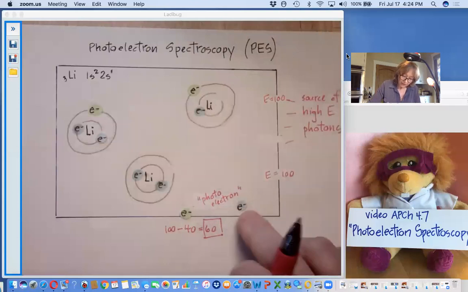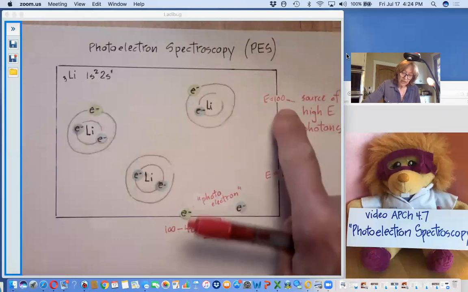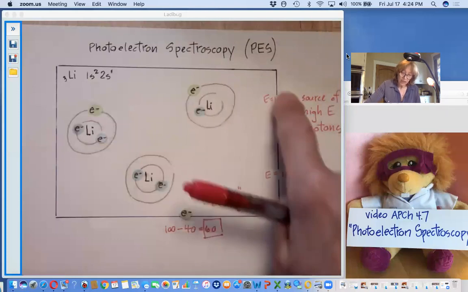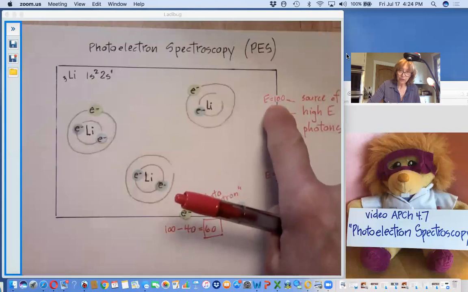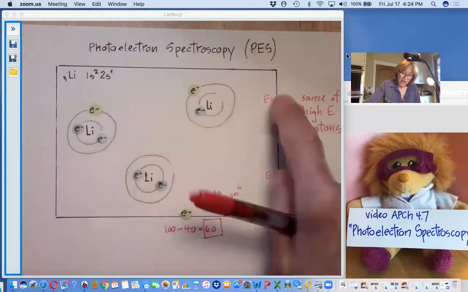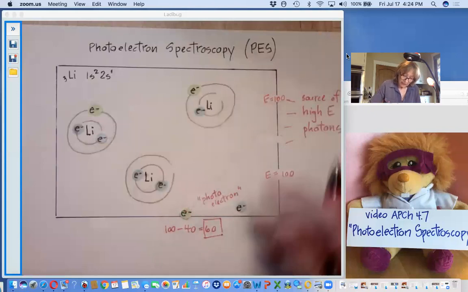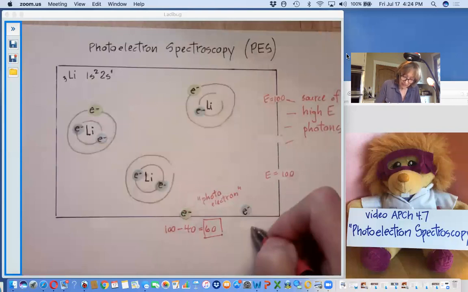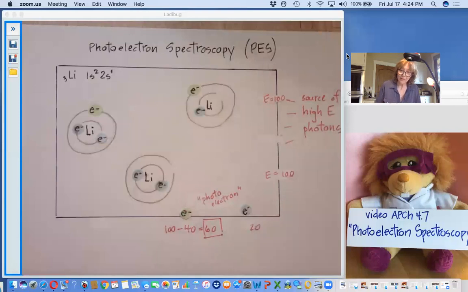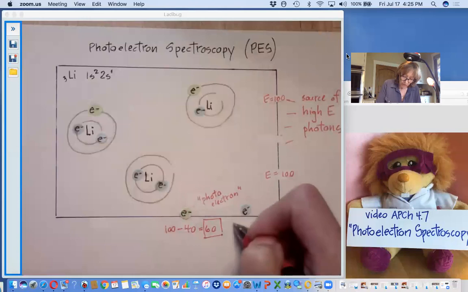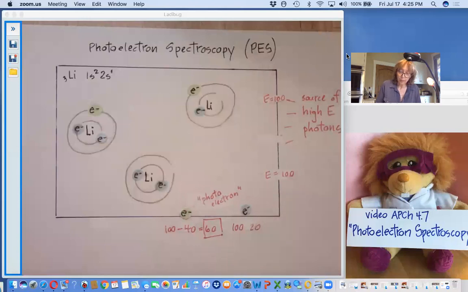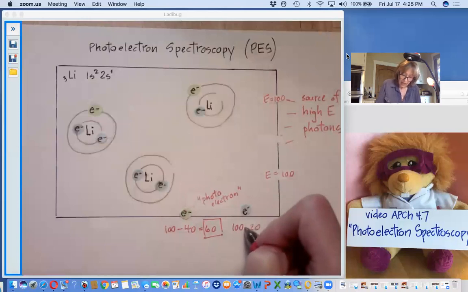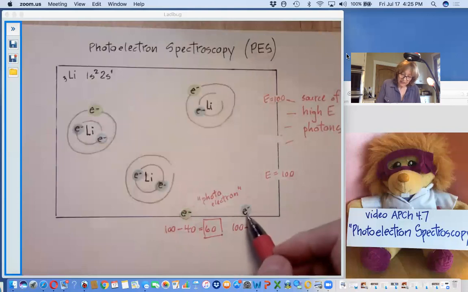Okay, so this guy was hit with a photon whose energy was 100, and when it hits the detector it records 20. Okay, the photon packed a punch of 100, and when the electron hits the detector, there's only 20 left over.